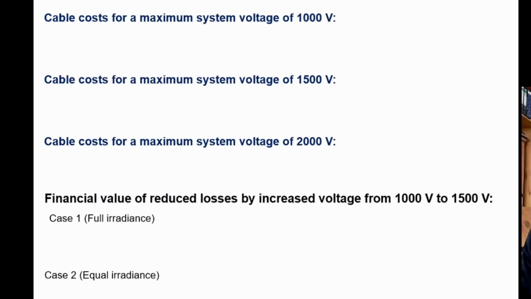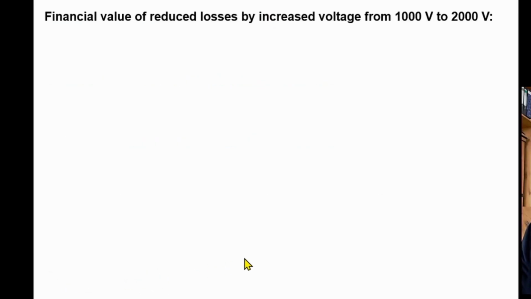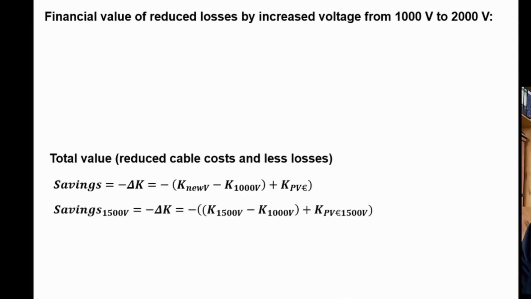Then you calculate for the different voltage levels, for the different irradiance cases, full irradiance for a short time or equal irradiance during 12 hours each day. Then you do the financial side and calculate all that, and then you should present the saving, if there is any. Maybe it's even more expensive and there is no saving at all.